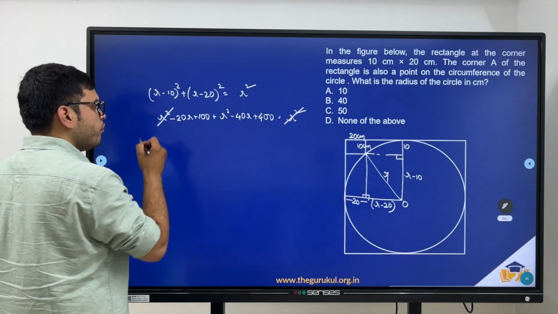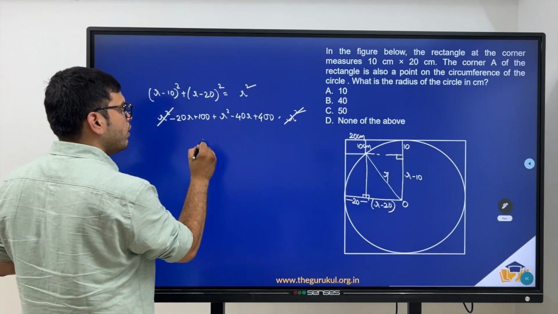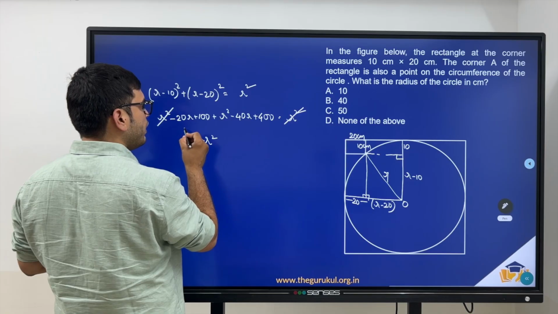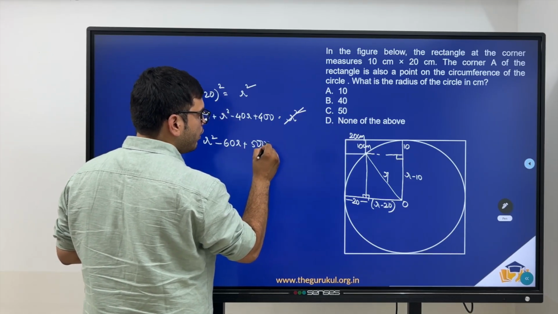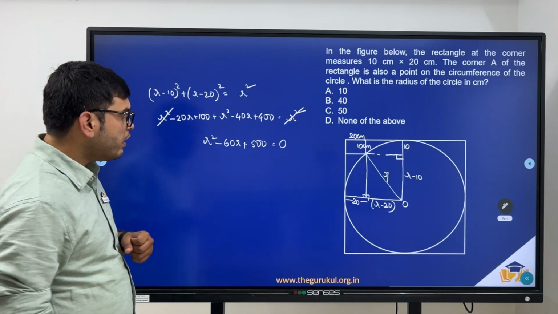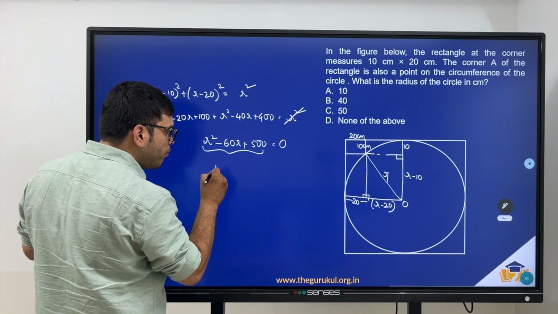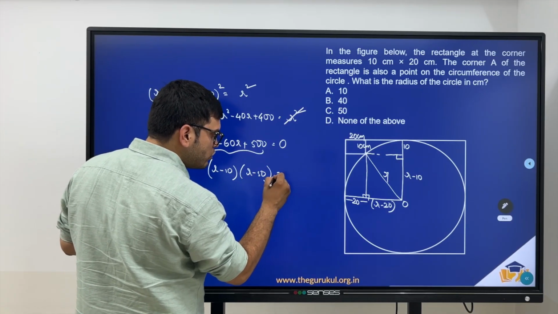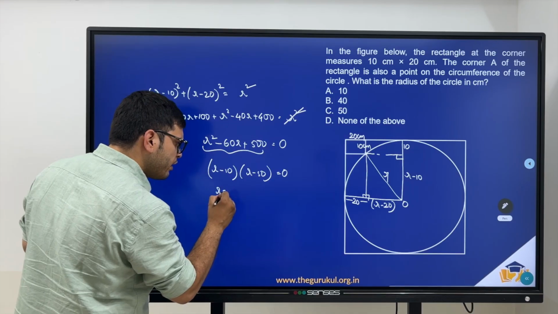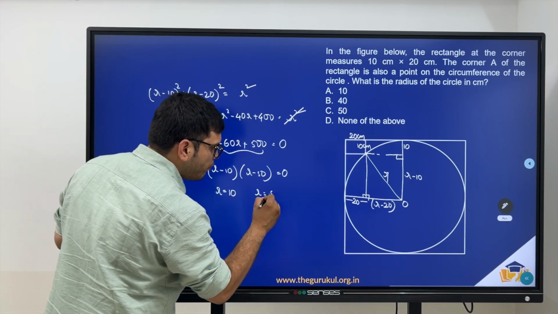I can cancel r square on both sides. So what do we have? R square minus 60r plus 500 is equal to 0. Right? Now I can factorize this as r minus 10 into r minus 50. Now this should be equal to 0. So r can be either 10 or r should be 50.